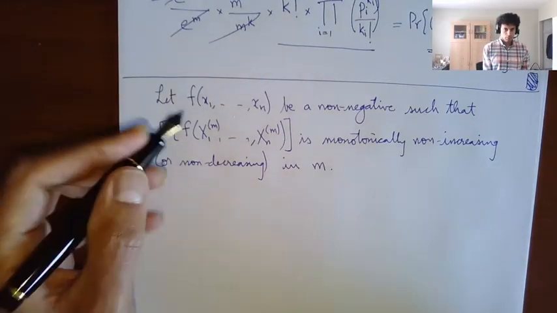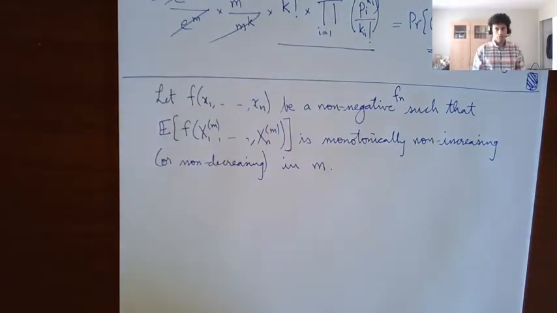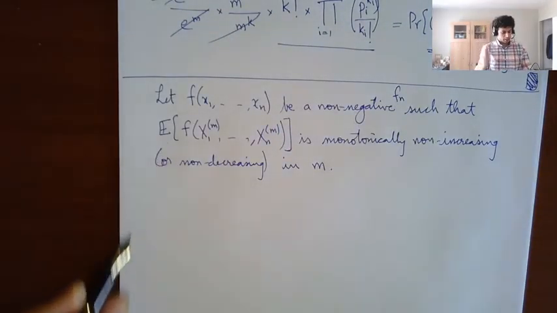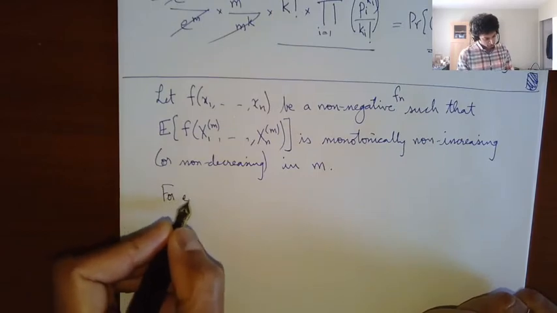So f is a non-negative function such that the expected value of f under the balls and bins experiment is monotonic.